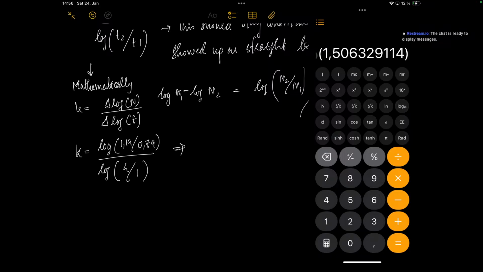We gotta get the log. So it's 0.178 divided by log of 4, 0.602. That gives 0.295. Let's say 0.3.